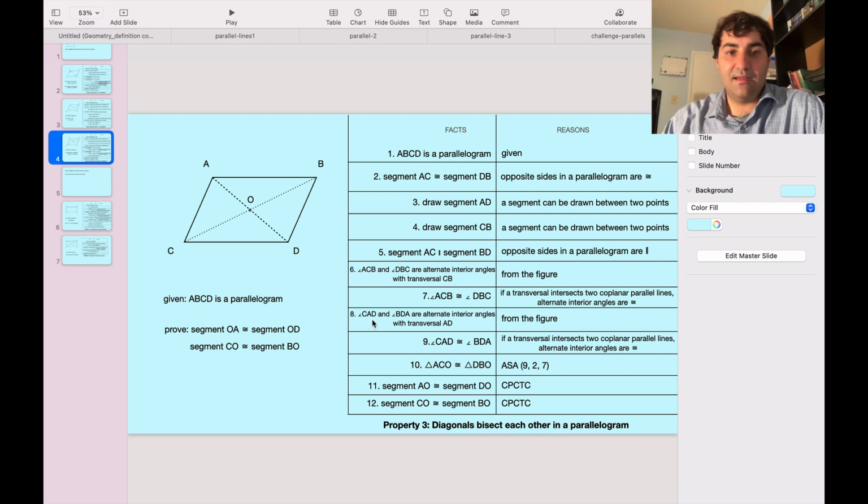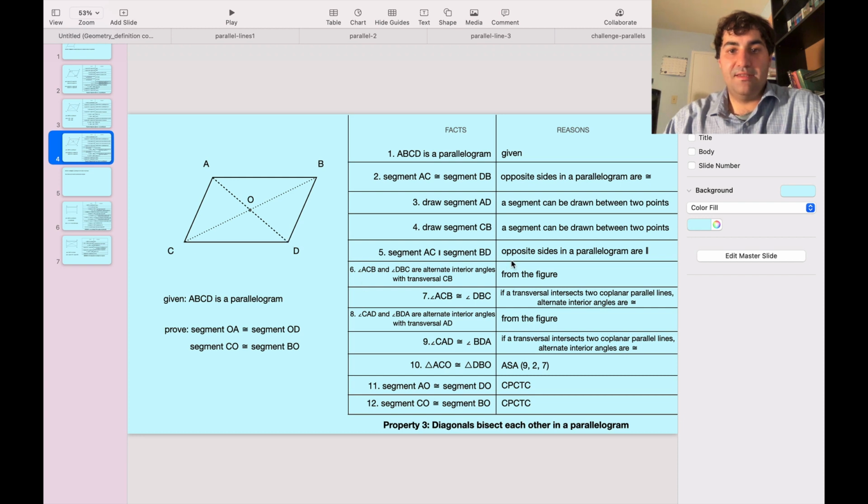I'm also going to write down that angle CAD, this angle here, and BDA, this angle here, are alternate interior angles with transversal AD, right? So we can establish that angle CAD is congruent to angle BDA. Why are they congruent?